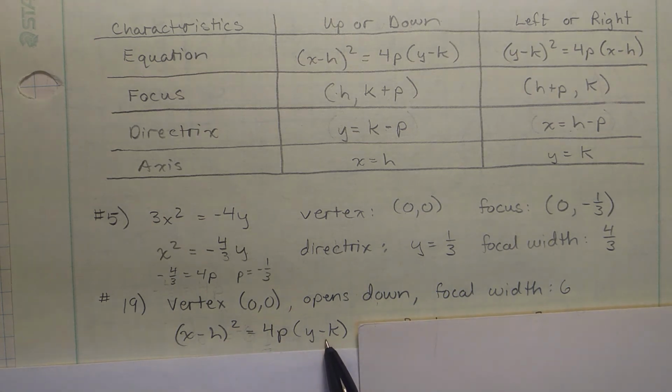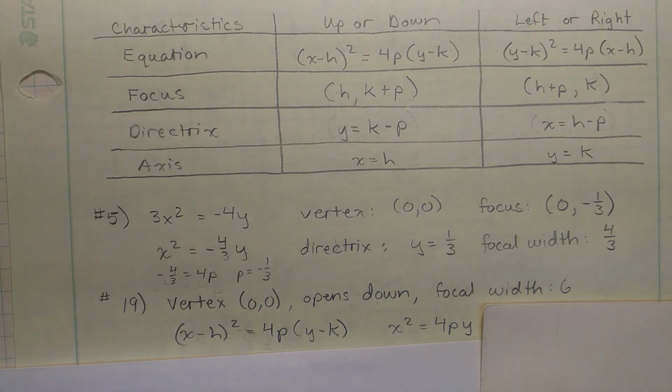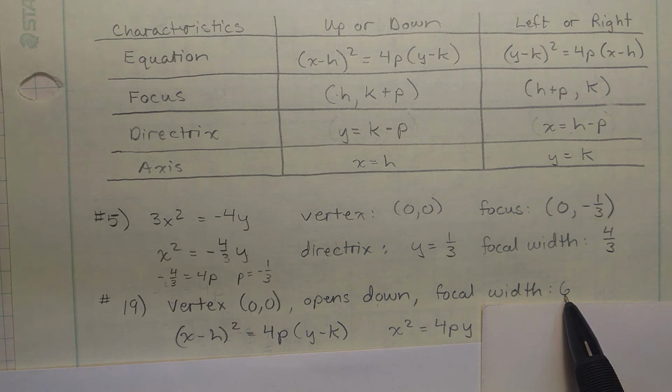So to get my equation, I have to fill in h, k, and p. Well, h and k are very easy to fill in. They're from the vertex. They're both 0. So that's going to give me just x squared is equal to 4p times y, just plugging in 0 for h and k. Now I just have to find p. Notice my focal width is 6.